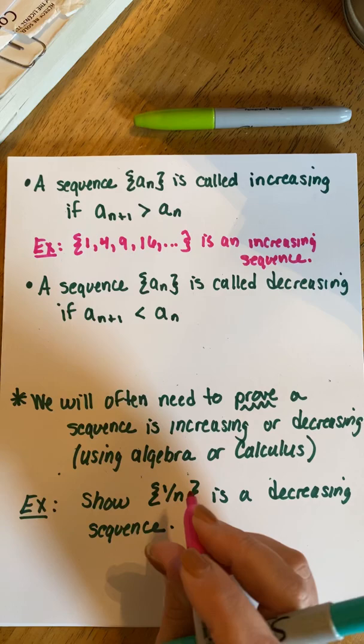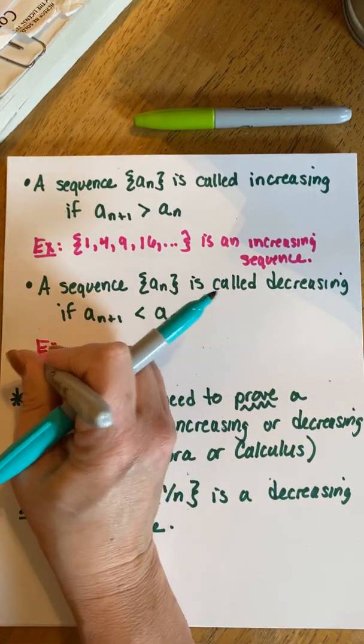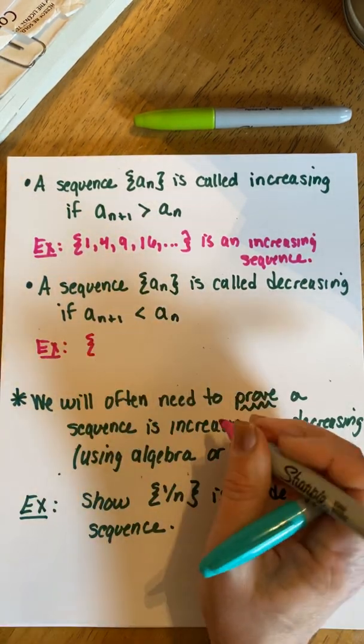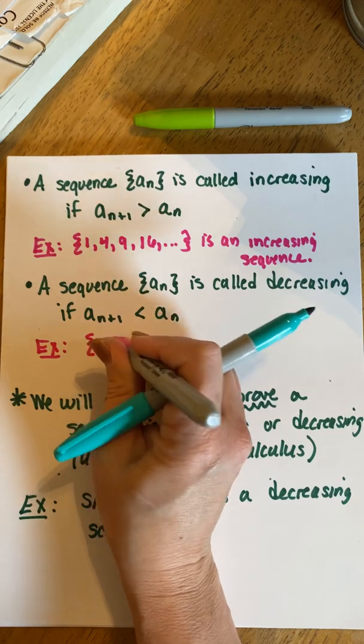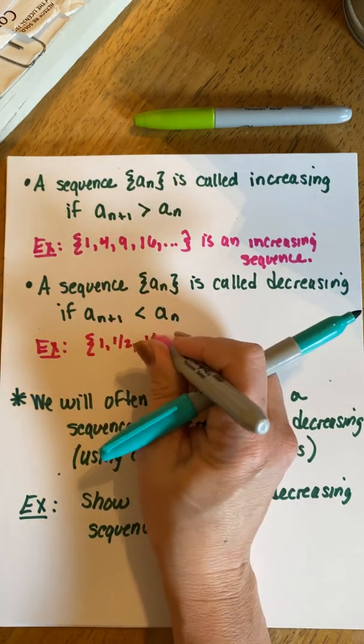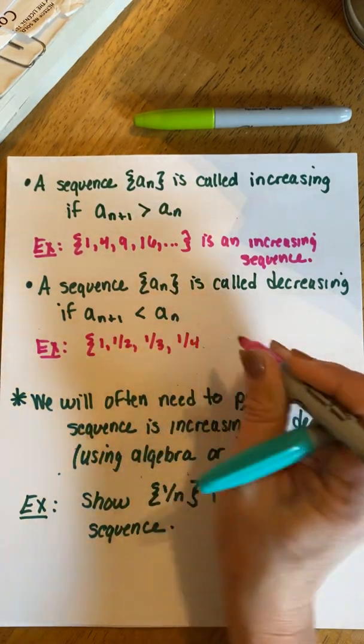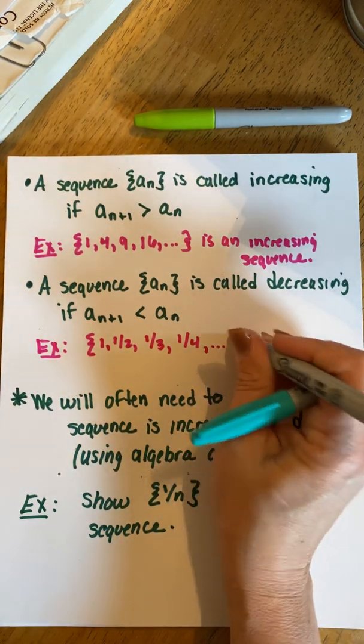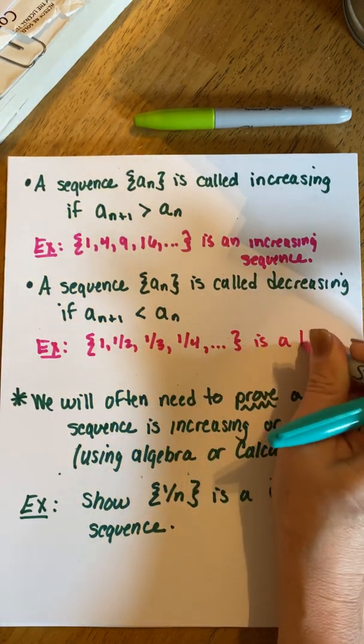A sequence is decreasing if each subsequent term is smaller than the previous term. So 1, 1/2, 1/3, 1/4, forever is a decreasing sequence.